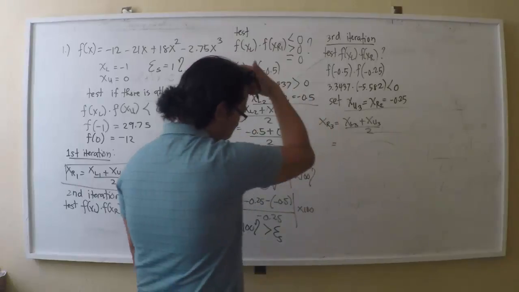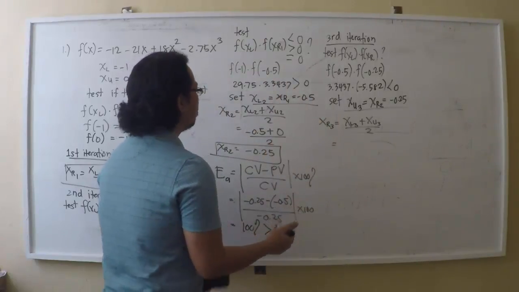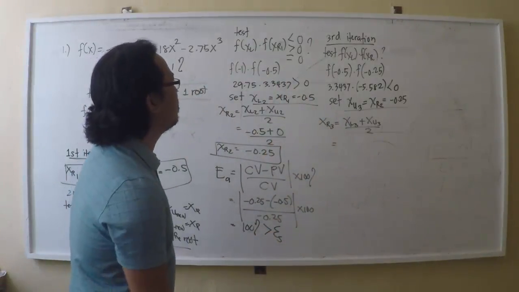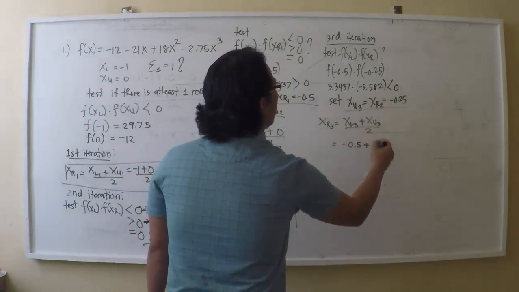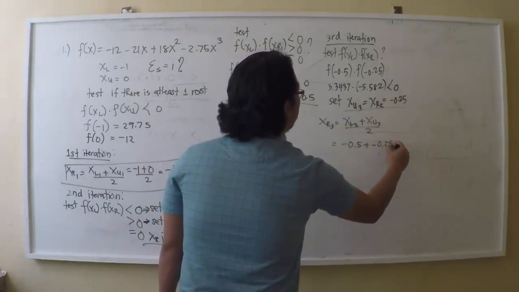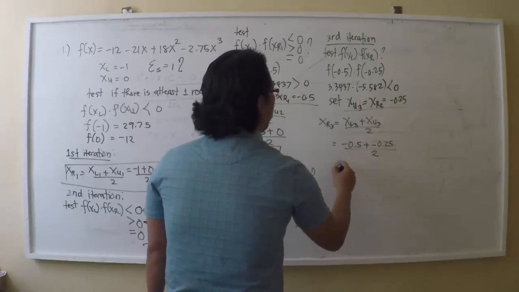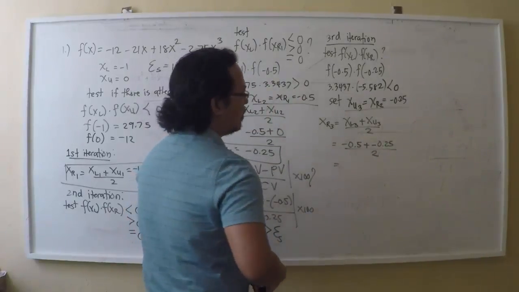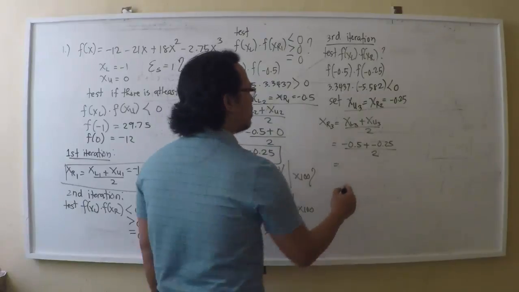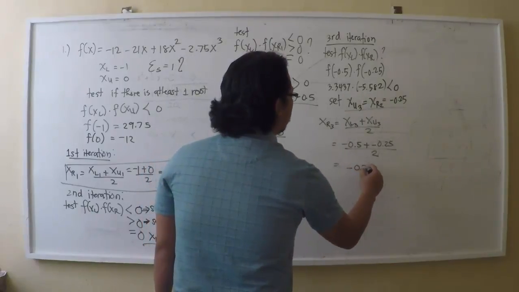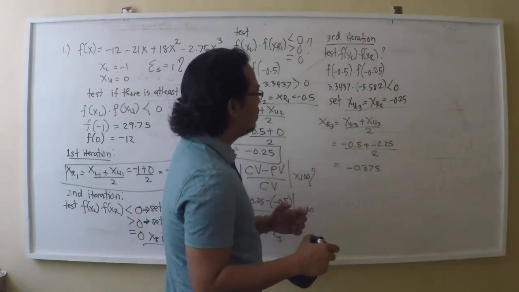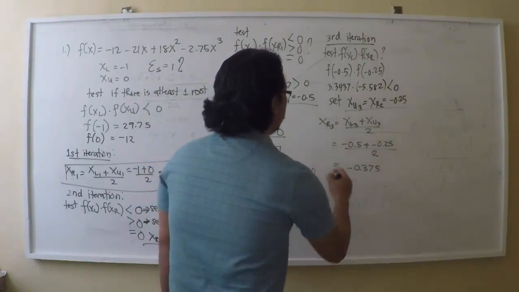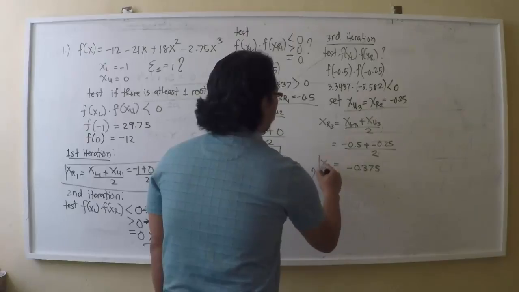So XL3, our lower boundary before, was negative 0.5 plus negative 0.25, over 2. How much is that? Negative 0.75 over 2, that's negative 0.375. That is our new estimate of the root.